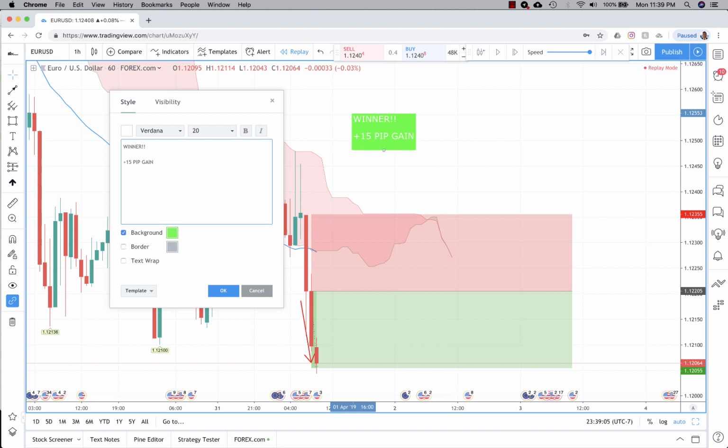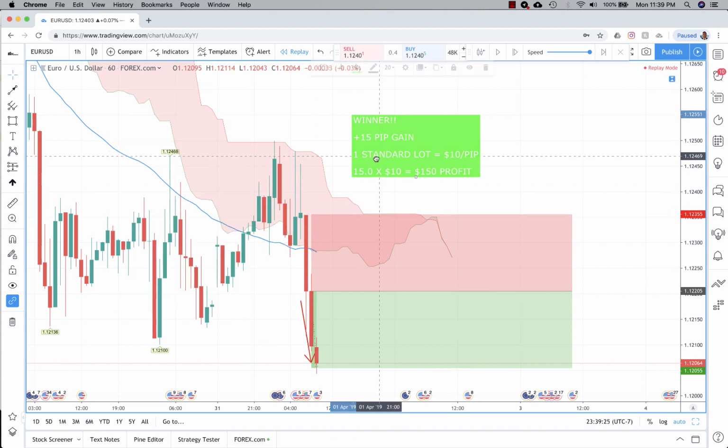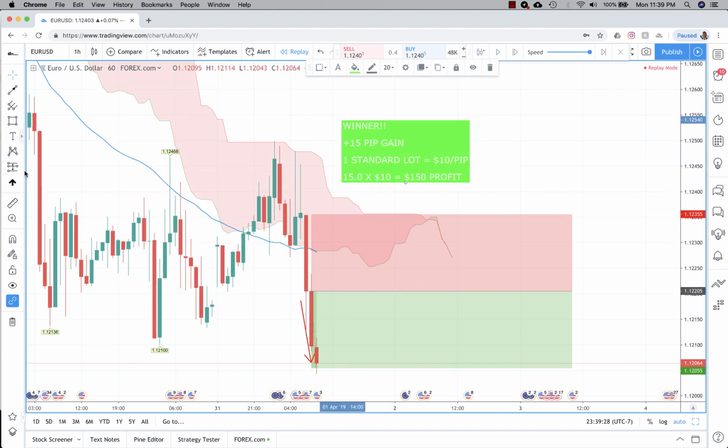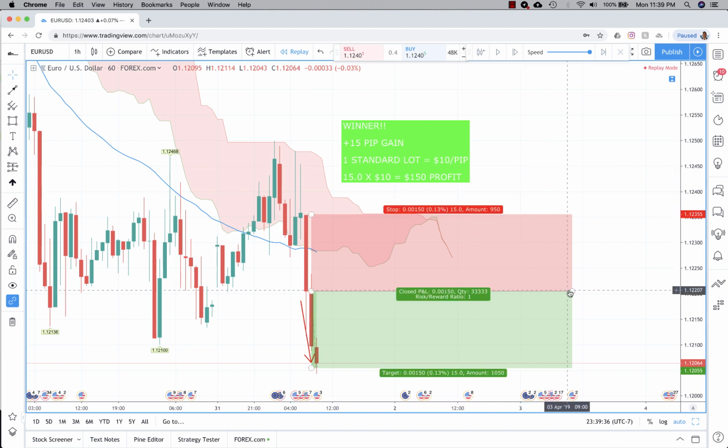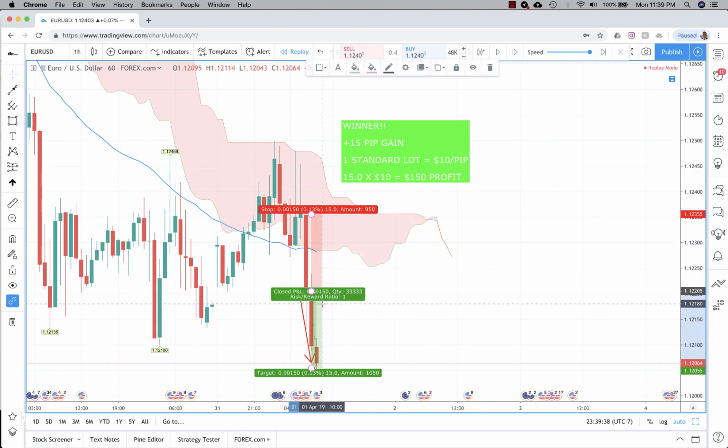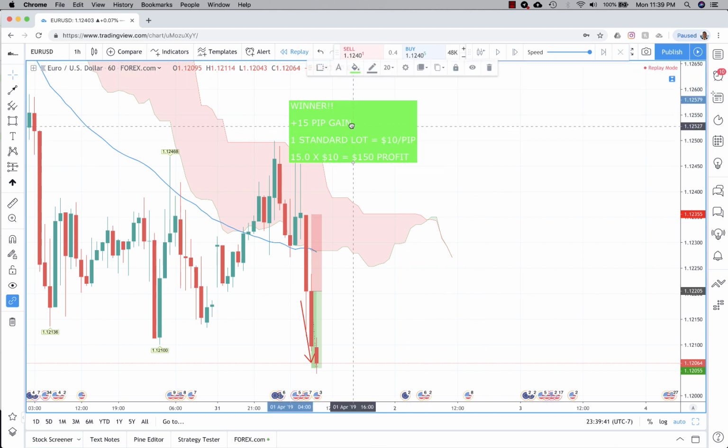And if we're doing one standard lot equals $10 per pip, and we won 15 pips there, so that times $10 equals $150 profit on that trade. And we made that in about, so each candle is an hour, so we entered on this, we made it in about an hour. Less than 2 hours, but about an hour. So I mean, yeah, I made 150 bucks in about an hour. It's not bad. Let's go to the next one. Let's keep going.